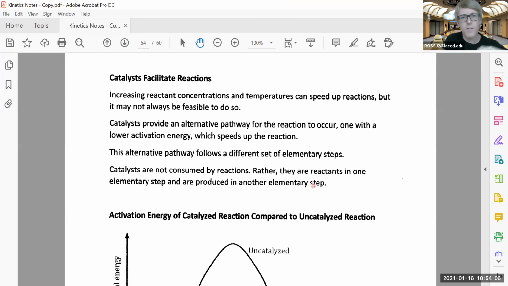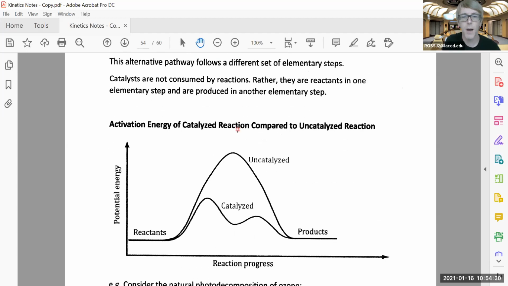So catalysts facilitate reactions. You can actually use catalysts to speed up reactions or to slow them down if that's the goal. Catalysts provide an alternate pathway for a reaction to occur with a lower activation energy, and consequently, the reaction can happen at a faster rate. Let's look at a pathway here.